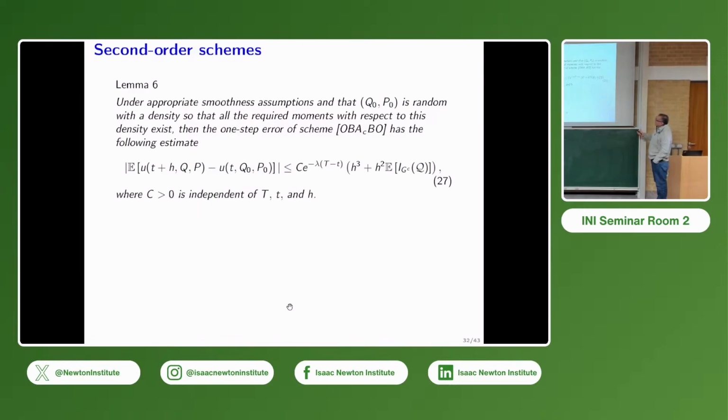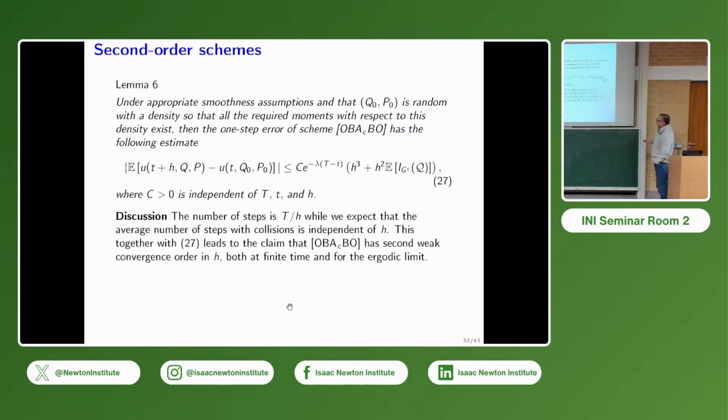Not a surprise to see h cubed here, because in the main part of the domain, outside the boundary, where no collisions happen, the scheme is of global second order. So the weak order on one step should be cubic. And we have here h squared instead of h. That's the main part of this justification, that we got h squared.